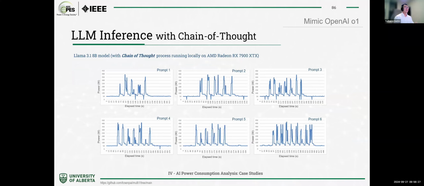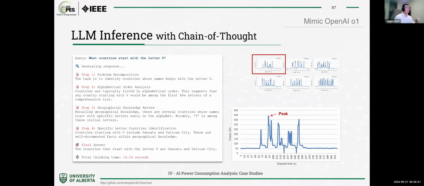And then we also did a chain of thought case study. It's based on the Llama 3.1 8 billion model, and it's based on an open source project that tries to mimic the behavior of OpenAI's newly released model O1. Here we try several different prompts and let the model run with the chain of thought process to give us a better answer. We want to highlight several, for example, prompt 1.